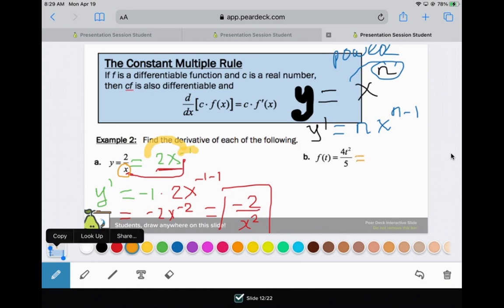All right, let's look at the next example. I have 4t squared over 5. For this question, do I need to move the t? Do I need to change the power? Or can I just go ahead and take the derivative? That's a question you're going to ask yourself: should I move it to the numerator, or is this already on the numerator so I don't have to do anything?